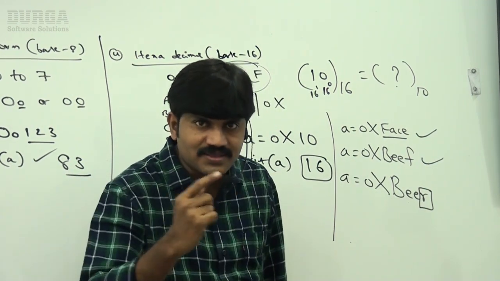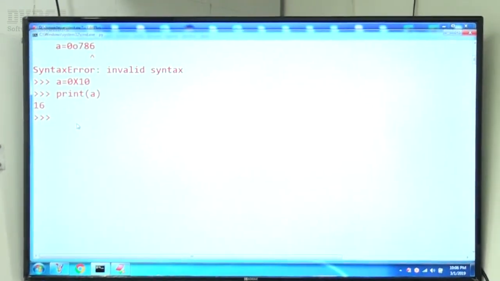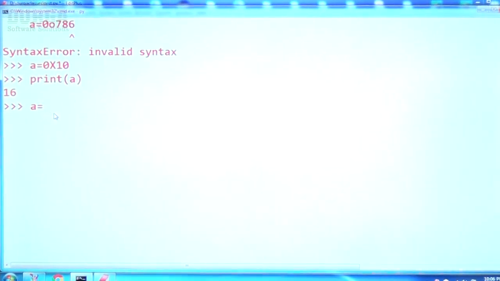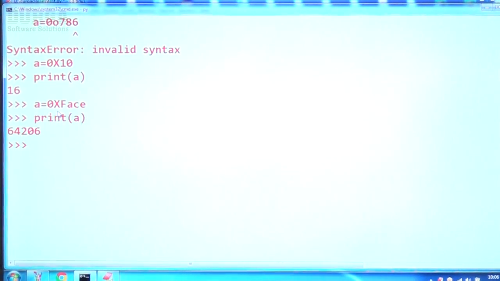Let me show these things also. Observe carefully, sir. A is equal to 0xface I am taking. What is the value of A? 64,206. This is the equivalent decimal value of FACE. Similarly, A is equal to 0xbeef I am taking, sir.